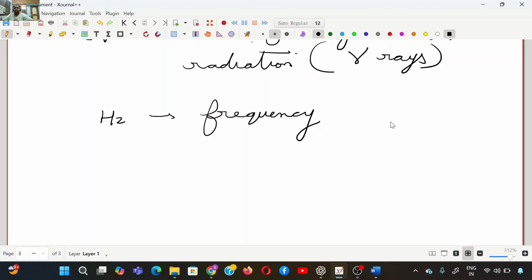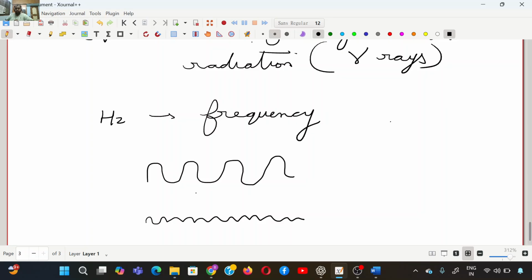Higher the wavelength, lower the frequency. Lower the wavelength, higher the frequency. Basically, it tells how many times it's repeating. If this is one wavelength and this is another, then in this particular amount of time this is repeating more times than this. So this has got higher frequency, and this has got higher wavelength.